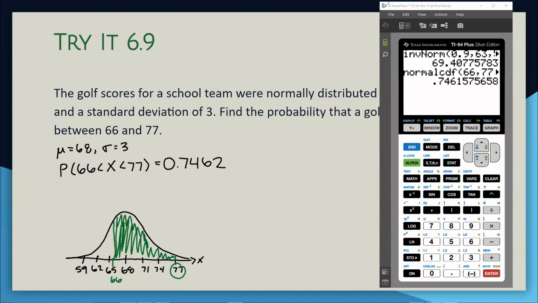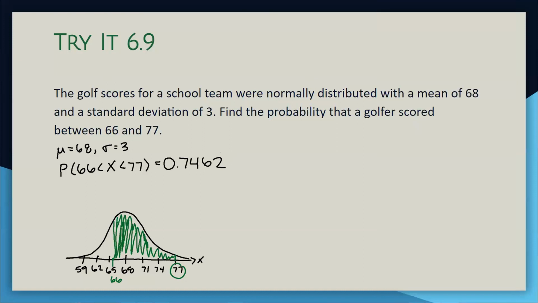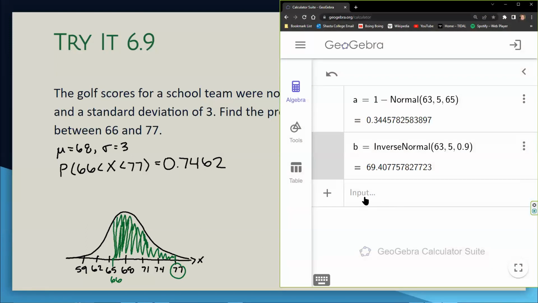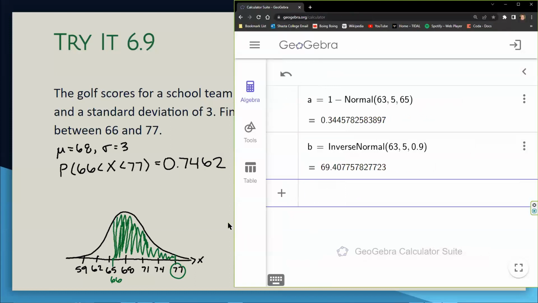And then let's go ahead and do the same thing on GeoGebra. So we know for GeoGebra, we need to enter the bigger normal function call first, and then the smaller. So I'm going to do 77 before I do 66. And GeoGebra wants the mean and standard deviation first.